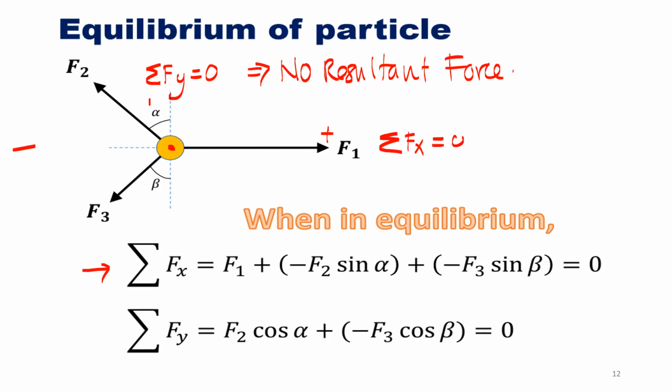So since I'm using alpha as the angle of reference, which is from the vertical, then I have to resolve with sine alpha. If I use the angle here, then it will refer to cos.